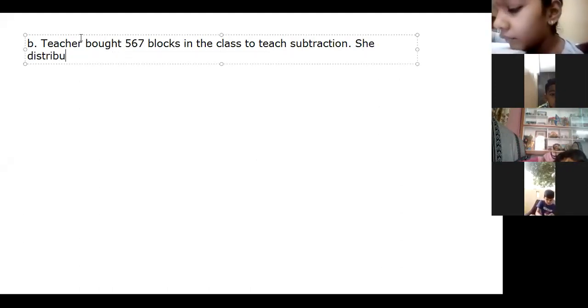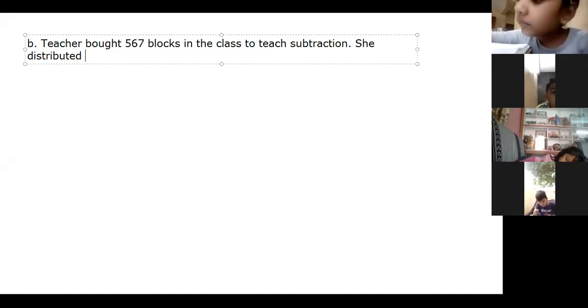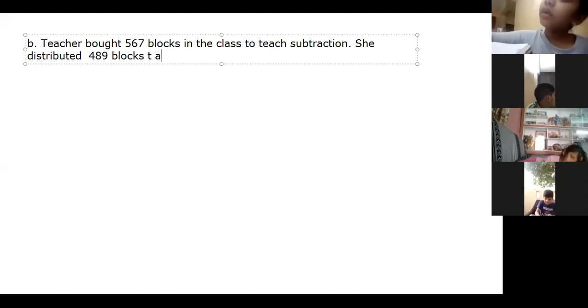She distributed 489 blocks to all these students. This you have to write in your notebook, okay?